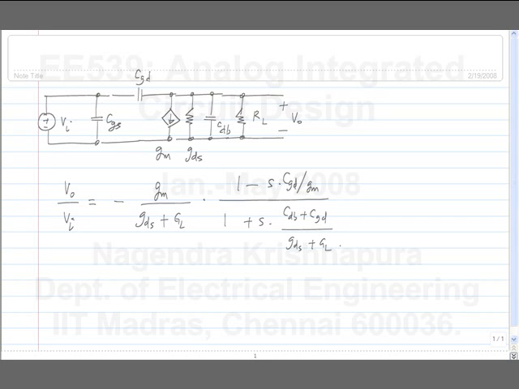I think this is what we had got. So if either of the parasitic capacitances CGD or CDB increase, the pole moves to lower frequencies, and if CGD increases, the 0 also moves to lower frequencies.